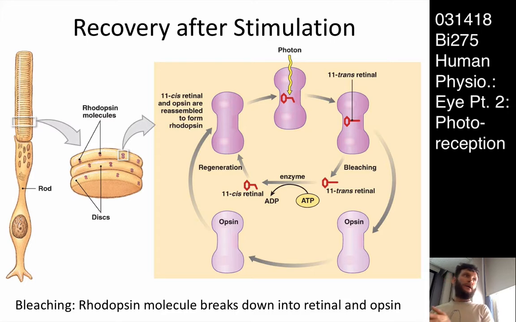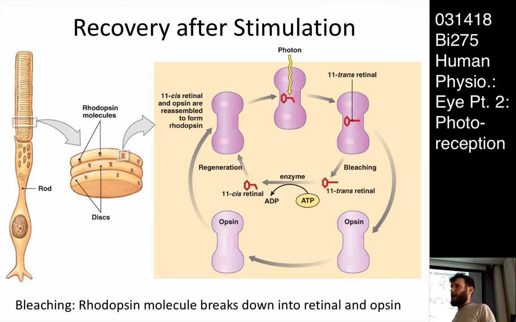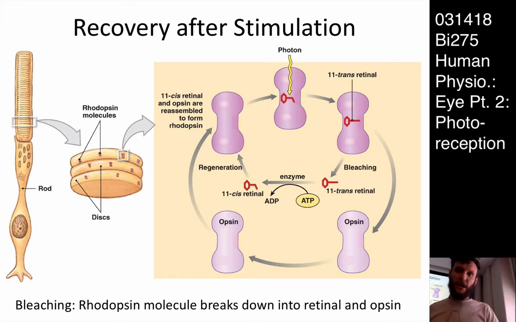So until the mechanism for reconstituting retinal catches up, you're going to see the ghost of that bright light. Right? So really, the time course of how rapidly the ghost that you see goes away is due to the kinetics of the enzyme for recycling. Questions about that?